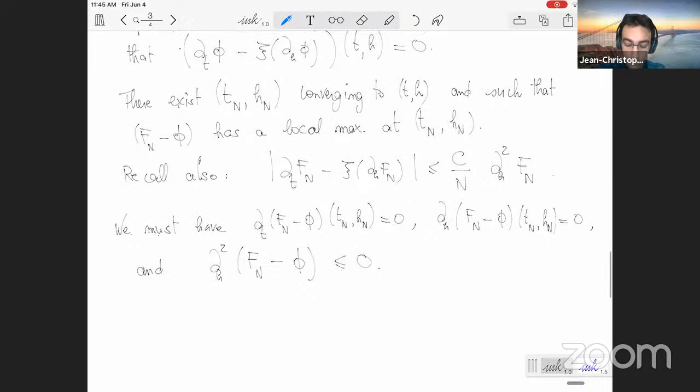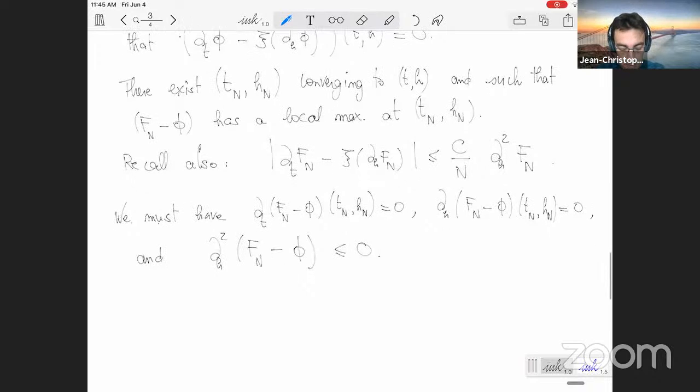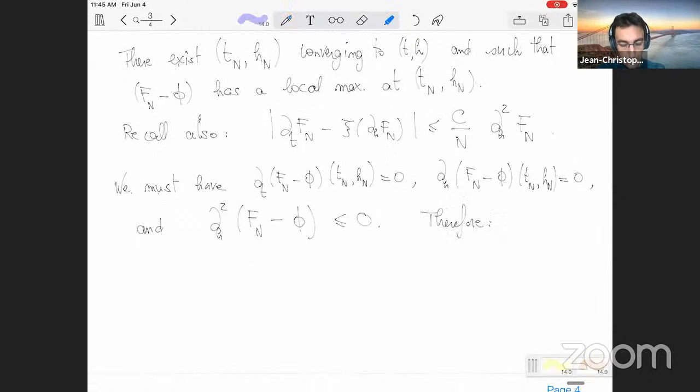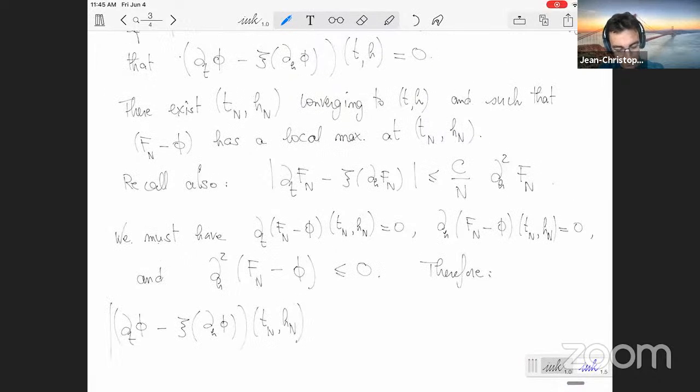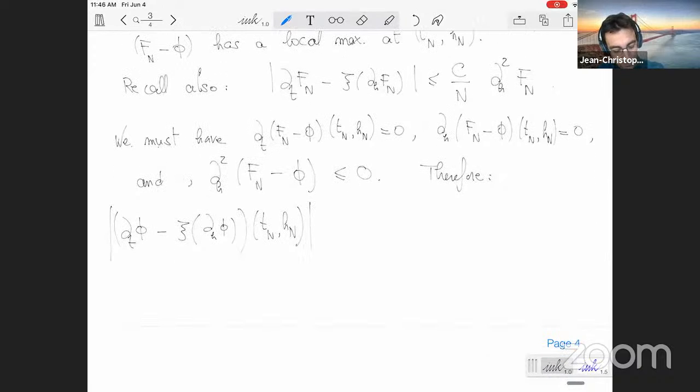So let's apply all of these observations to the inequality that is displayed here. What do we get? I compute these things at (t_n, h_n). The derivatives coincide. So I get d_t phi minus xi of d_h phi at (t_n, h_n), in absolute value, is smaller than C over n times d_h^2 f_n.